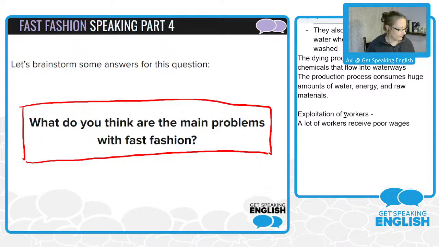Yeah, definitely focusing on using organic materials would be a better solution than producing fabric that essentially has plastics and things in it, right? So a lot of workers receive poor wages, and a lot of them may work really long hours too.